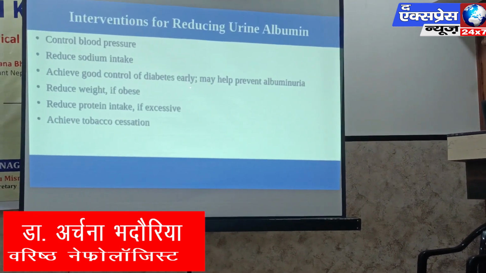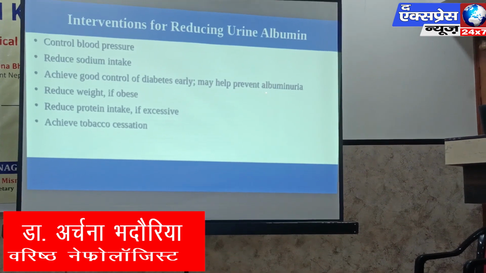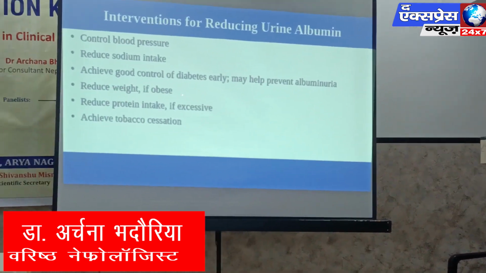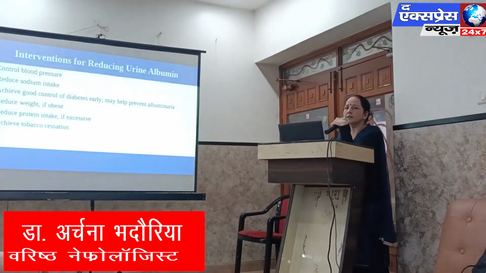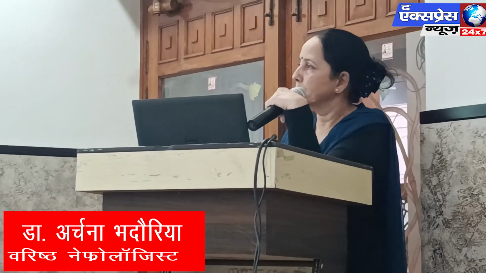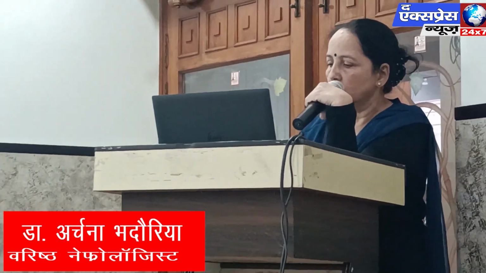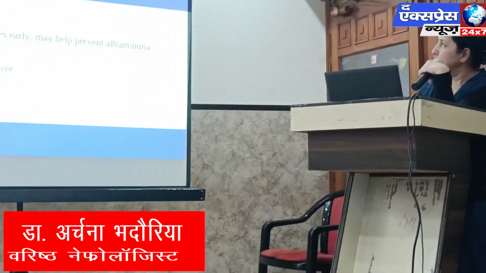Achieve good control of diabetes early, which may prevent albuminuria completely. Reduce weight if we are obese, and reduce protein intake if we are very heavy protein takers. We take non-vegetarian food 3-4 times a day. We also have to stop taking tobacco. So by these measures we can reduce urine albumin excretion.